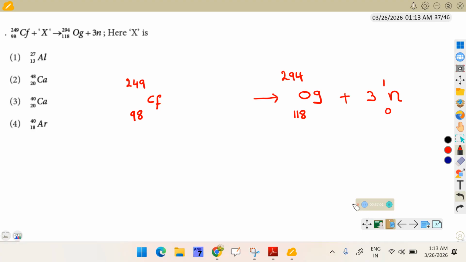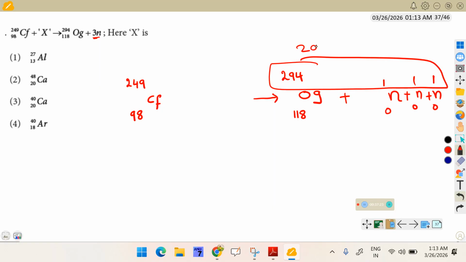Identify X in this equation. Okay, 3n, where n represents neutron. 3 moles of neutron means n01 plus n01 plus n01. The product side total mass number is 297. The reactant side mass number is 249.